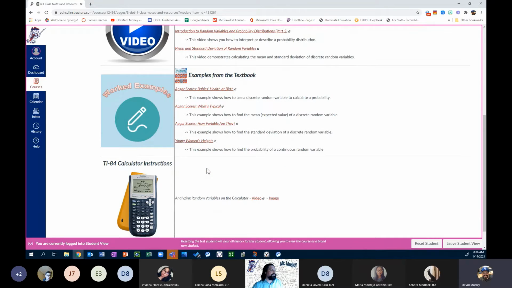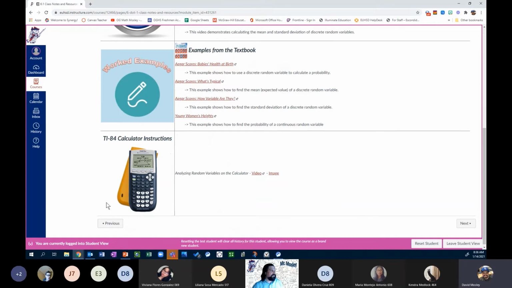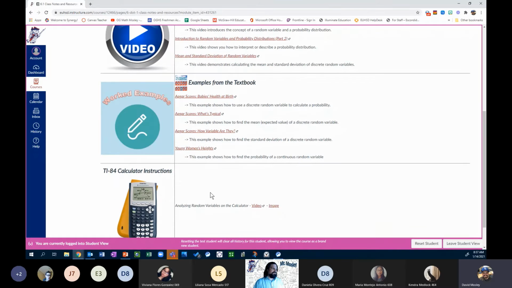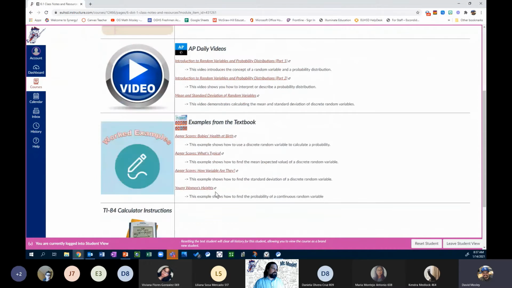They're very quick. And then there are some calculator instructions here. Section 6.1 has calculator instructions for inputting and analyzing random variables in the calculator, which could be helpful. It can save time if we're trying to find the mean or standard deviation of a random variable. So we have that available in our notes and resources.